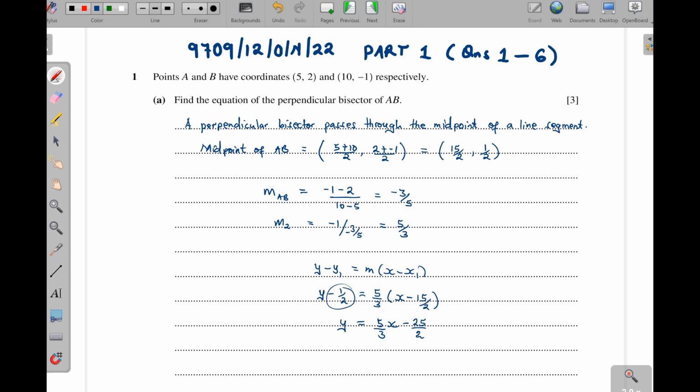And then we shall add this a half here, because when it crosses, it becomes a positive. That means our y here is going to be equal to 5 over 3 of x, and then this is minus 25 plus 1, that will be minus 24. Then divide by 2, that will be minus 12. So this will be the equation of this line here.